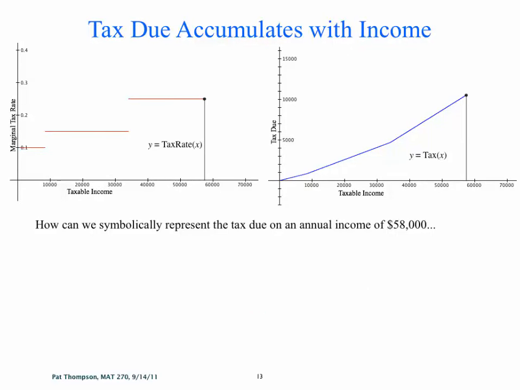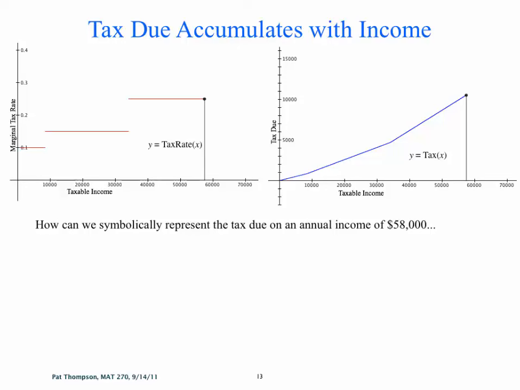So symbolically, I'm showing here a current taxable income of 58,000. Symbolically, we can represent that tax due in 2 different ways. What is one way that we could represent the tax due on 58,000? Maybe talk at your tables. Can you think of 2 different ways that we can symbolically represent tax due at 58,000 in light of our conversation about accumulation?